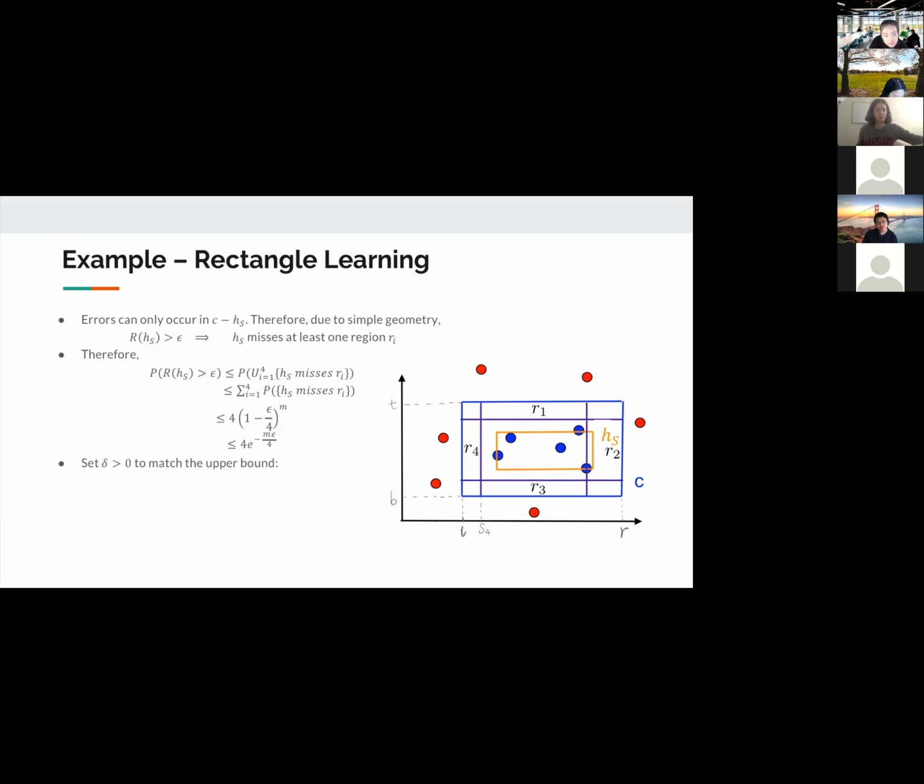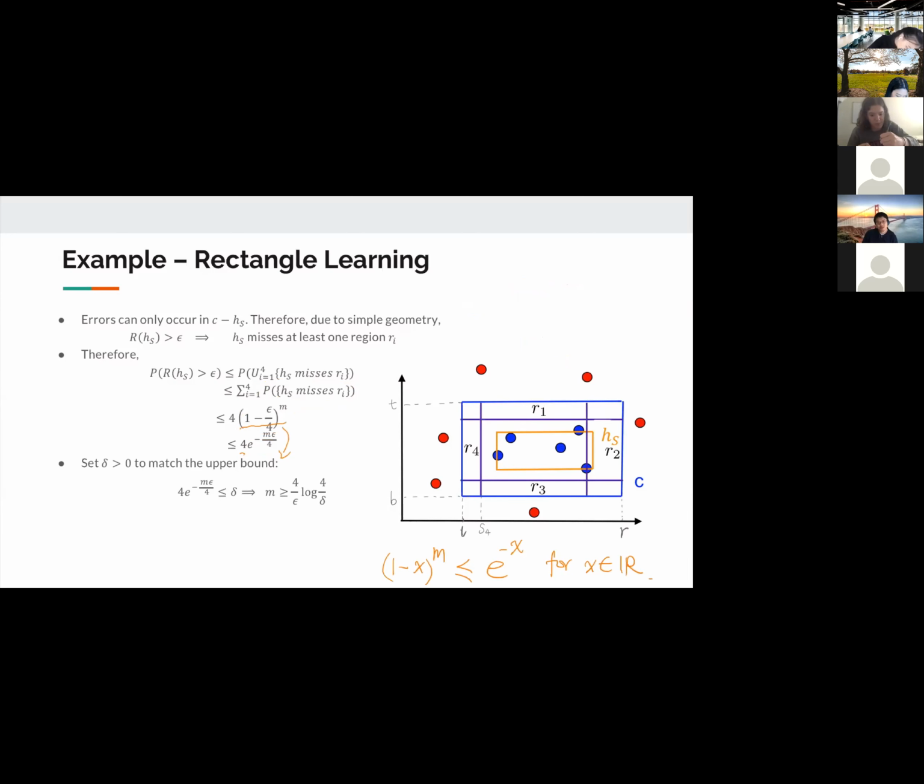All right, so set delta greater than 0 to match the upper bound. So basically you want to set this quantity. Oh, by the way, I didn't mention that 1 minus x is going to be smaller than or equal to e to the minus x.